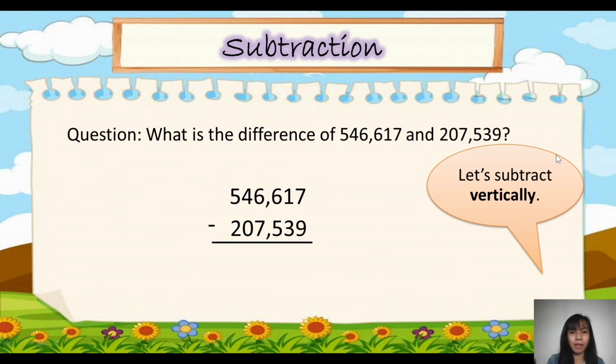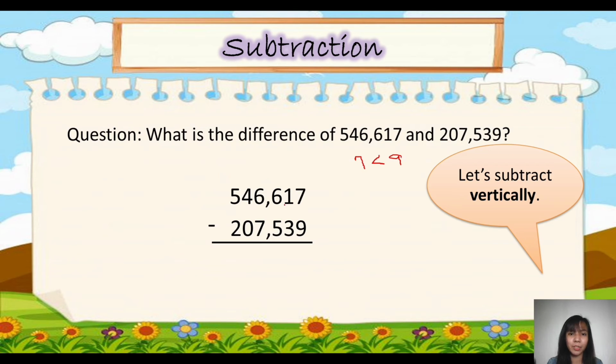So first we have to subtract digit by digit, going from this direction. Alright, so first we have 7 minus 9. 7 is less than 9, right? So it is smaller than 9, which means we have to borrow.